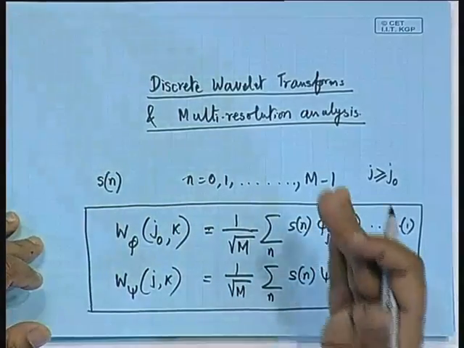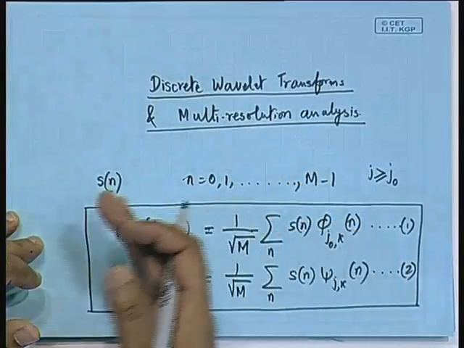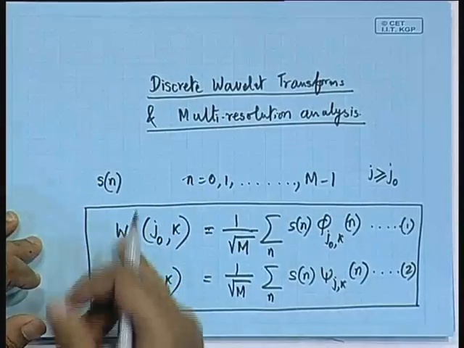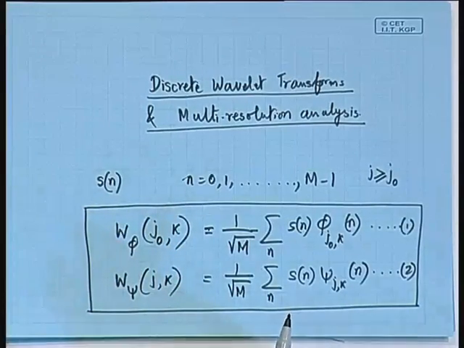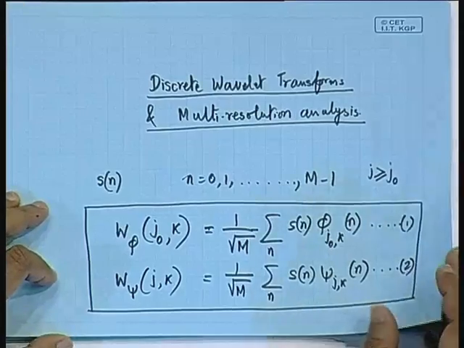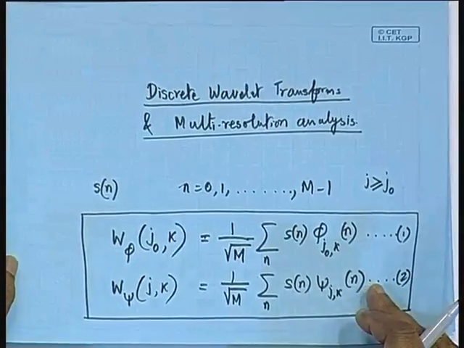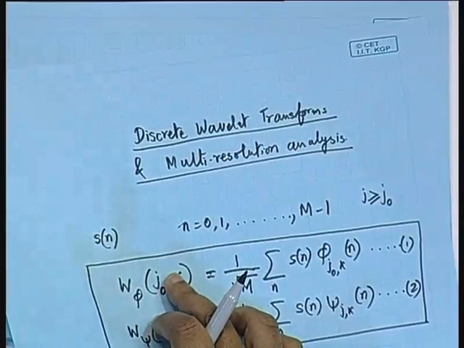So, this is the conversion from the S n domain to a new transform domain, and this new transform domain is also in the discrete space. And now, what we should do is to get back this S n given this W phi and W psi, and how do we get back?